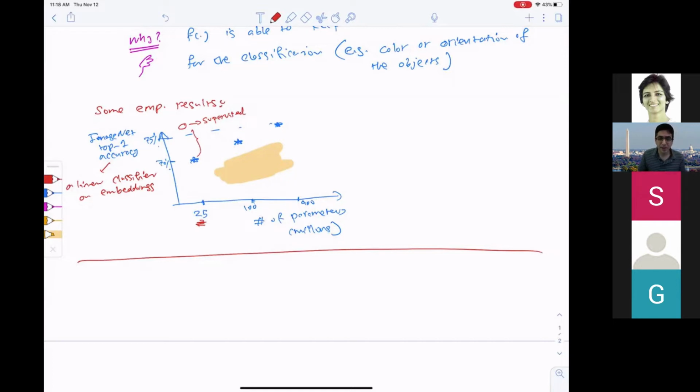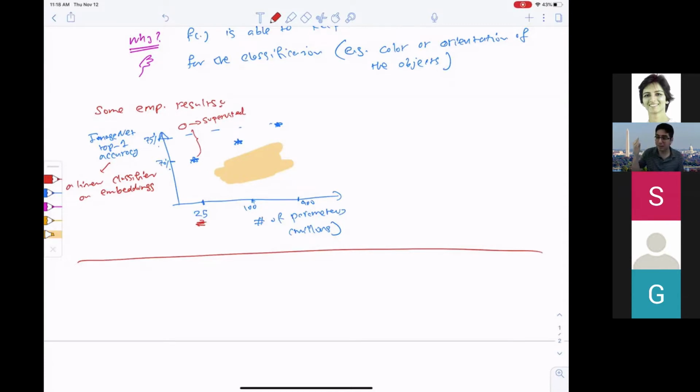Did they train the linear classifier with few labeled data? I believe the number of labeled data they need is substantially smaller. I don't quite remember the exact numbers that they use. But the rule of thumb is that after you learn these embeddings, for the linear classifier you actually don't need many labeled data.